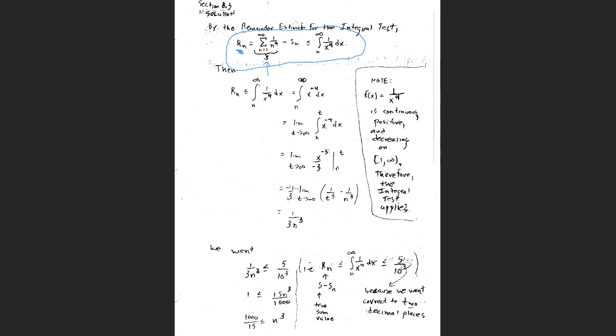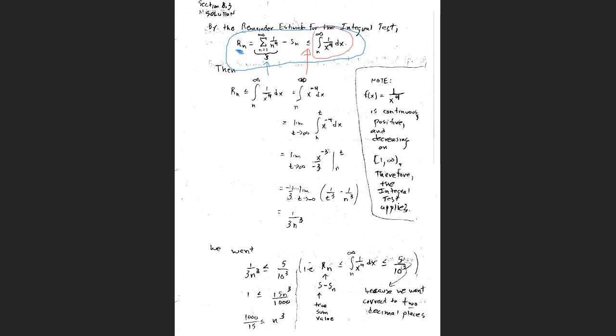And what's important is that the error in your approximation, the remainder, is going to be less than or equal to this improper integral here.